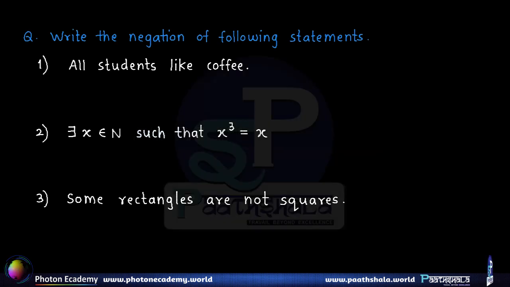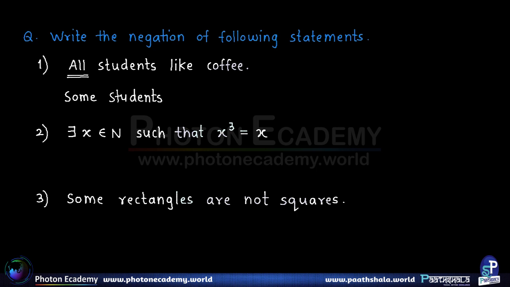Now, all students like coffee. To negate that, we have to replace the word "all" with the word "some". So we say that some students do not like coffee, because we have to introduce a negation also.